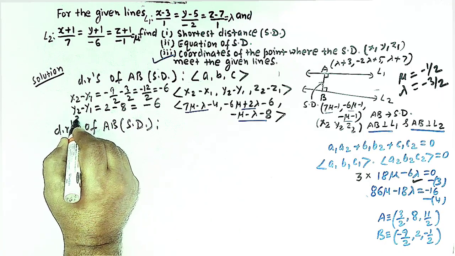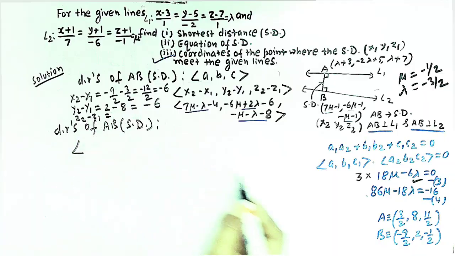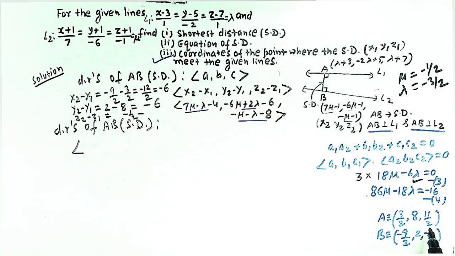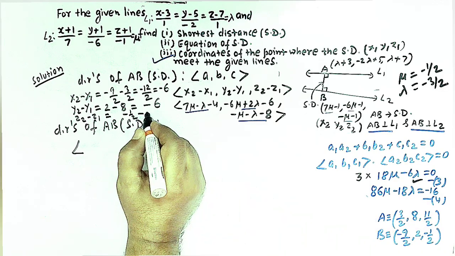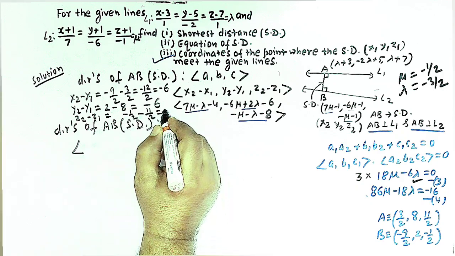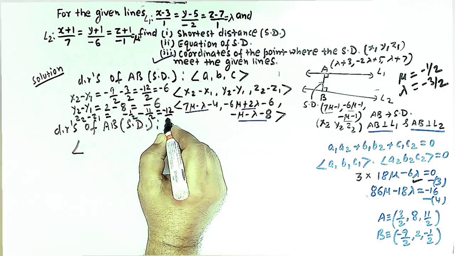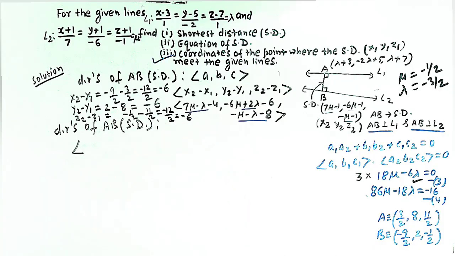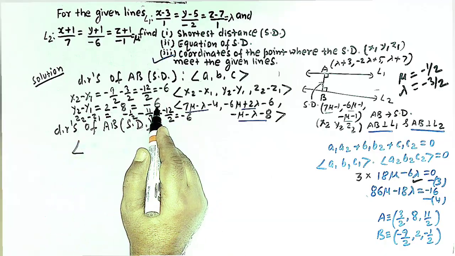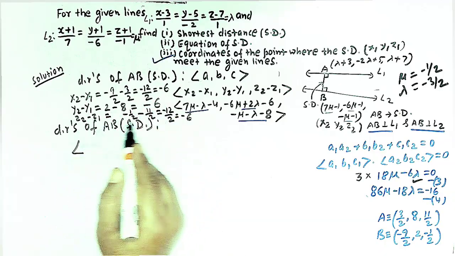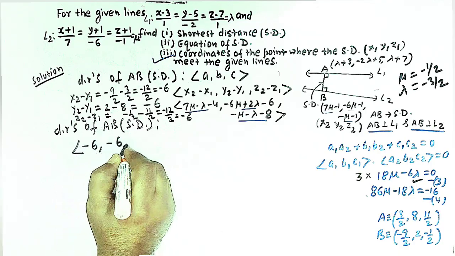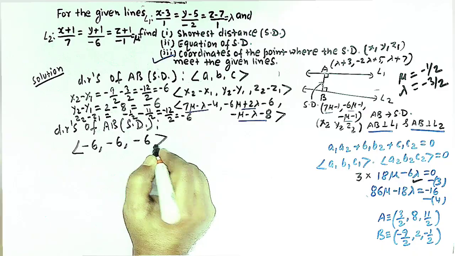And then we have z2 minus z1, where z2 is minus half and z1 is 11 over 2. So here we have minus 1 minus 11 is minus 12, and divided by 2, we have minus 6. So x2 minus x1 is minus 6, y2 minus y1 is minus 6, and z2 minus z1 is also minus 6.